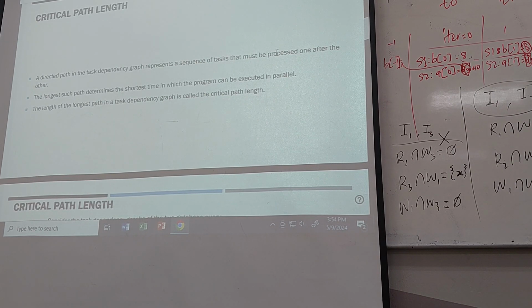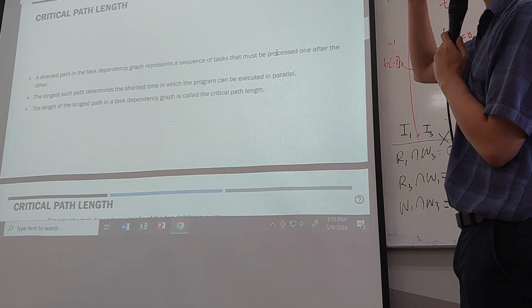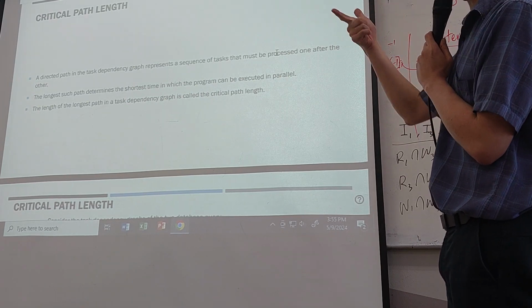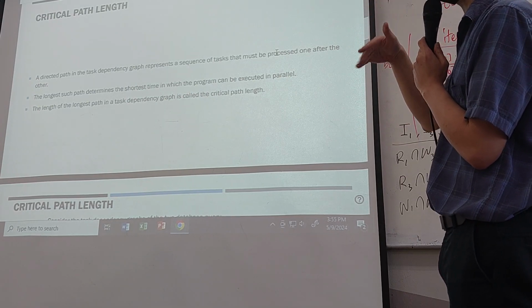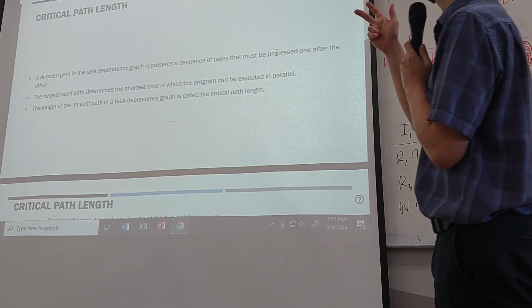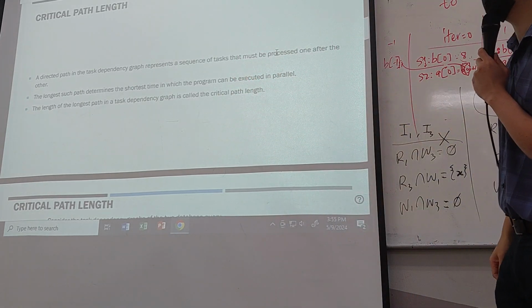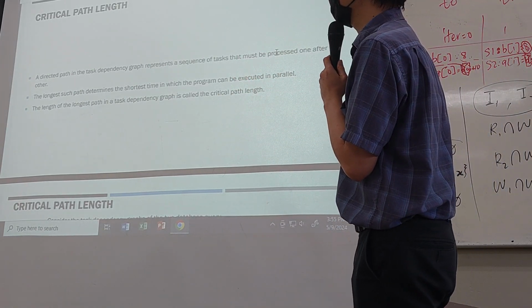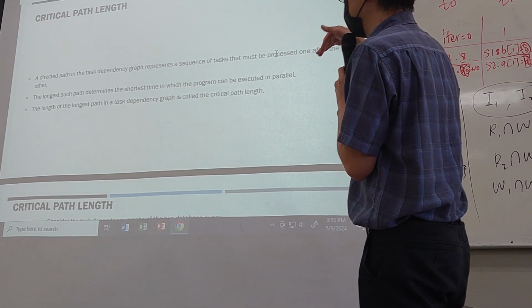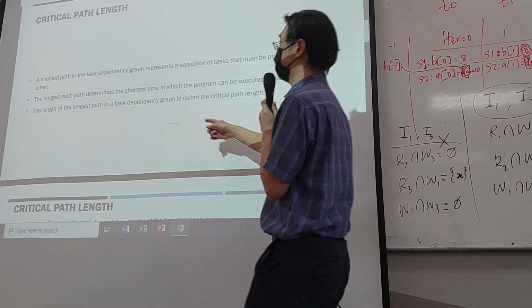I talked about the degree of concurrency for each stage, the maximum degree of concurrency for all, and then the average concurrency. Now we talk about another metric, which is the critical path length. So for the critical path length, you look at the task dependency graph that we saw just now and see which path is the longest.